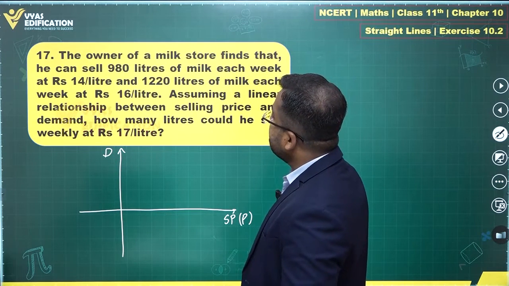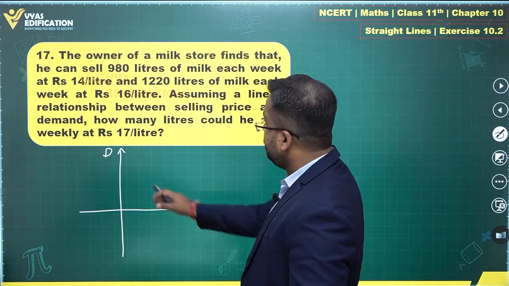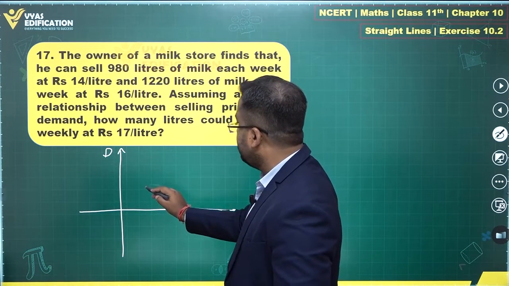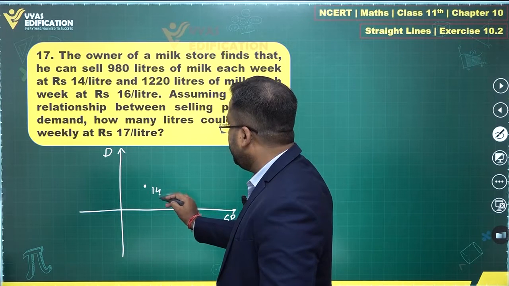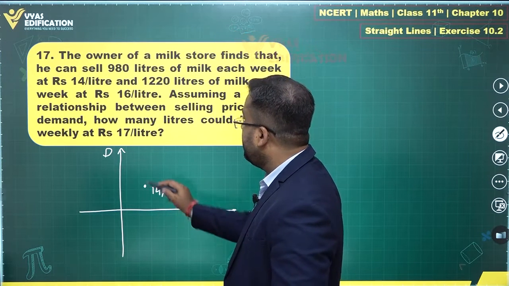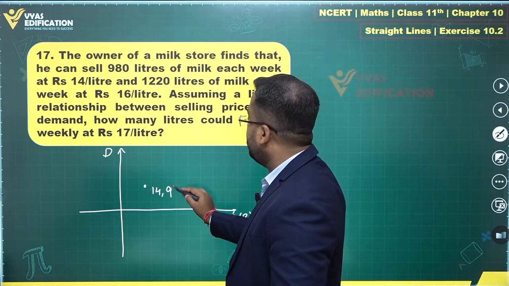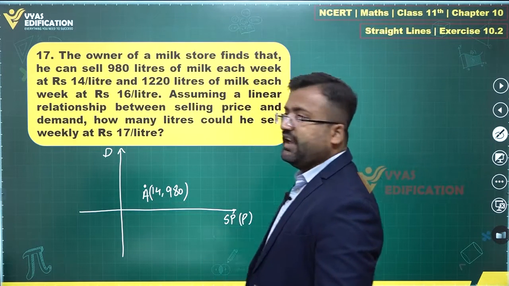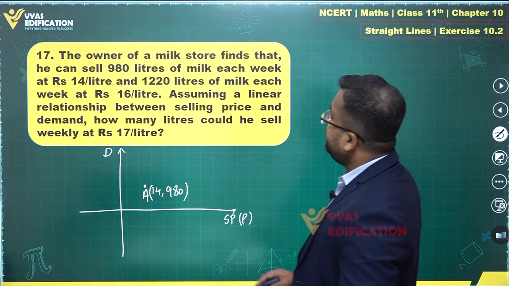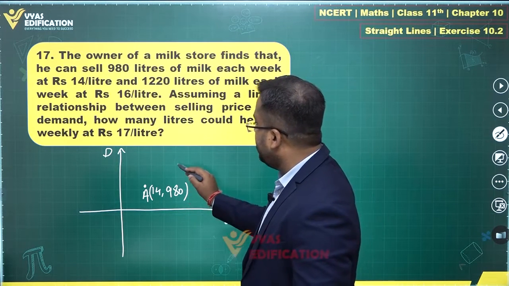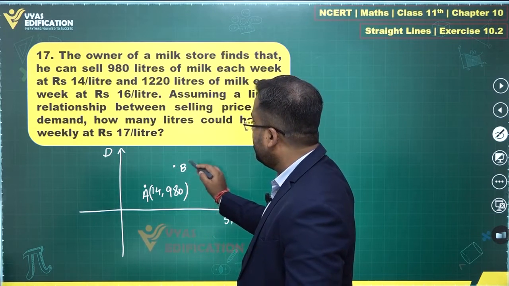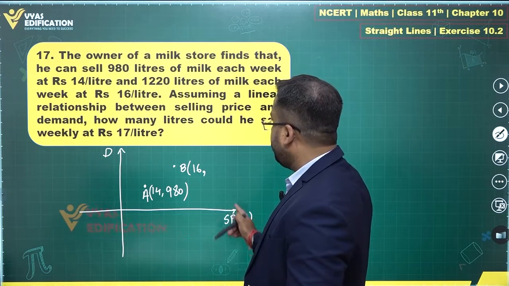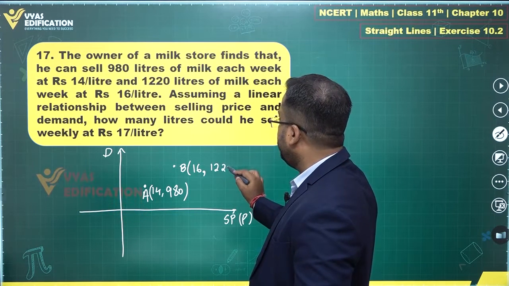So he finds that he can sell 980 liters of milk each week at rupees 14 per liter. So you have a point: 14 is the price and 980 is the demand. A point is known. Let's mark this point A. Then you have 1220 liters of milk each week at rupees 16 per liter. So if you have a point B, this says 16 is the price and corresponding demand will be 1220.